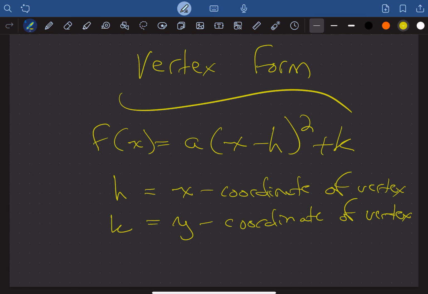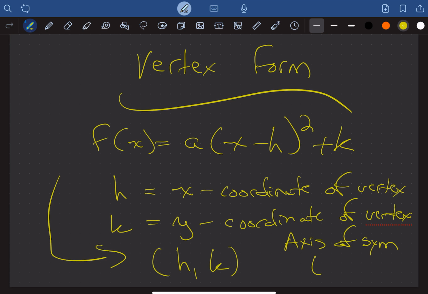So the cool thing about this form is that we have (h, k), which is going to be our vertex. The axis of symmetry is going to be x = h, right? And when we have a greater than 0, that is positive, the parabola opens up.